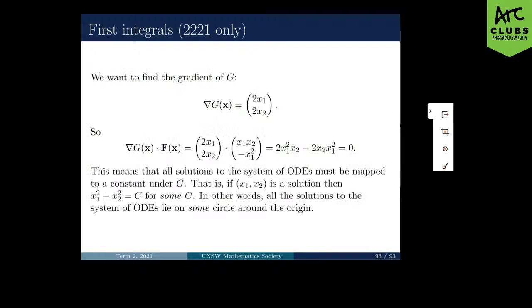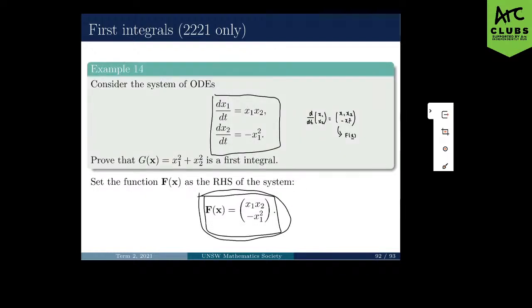So remember, we want to take advantage of the fact that if g were to be a first integral of this system, then we must have the gradient of g dotted with f equal to 0.